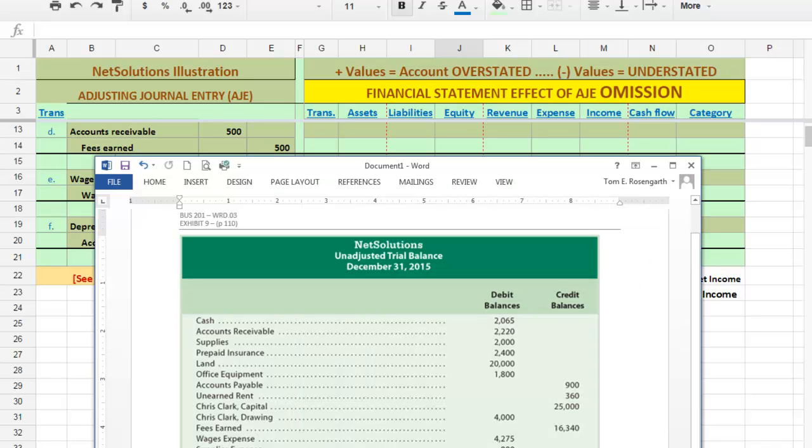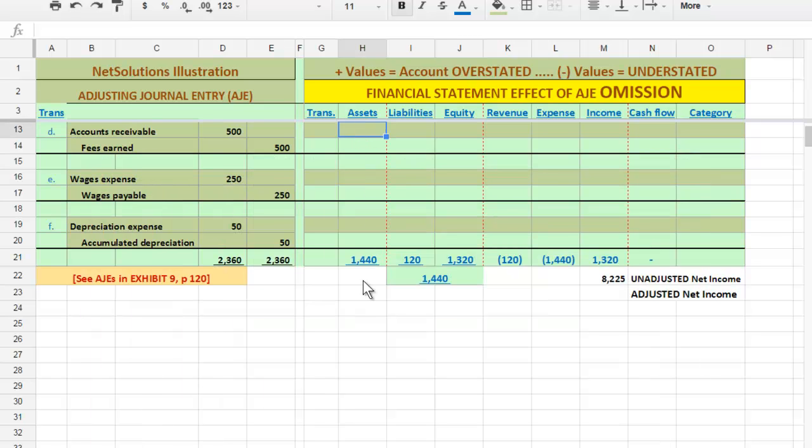Examining the unadjusted trial balance for accounts receivable, the unadjusted balance is $2,220, and if we omit this debit to accounts receivable, this $2,220 would be too small. So we would have understated the total assets by $500.